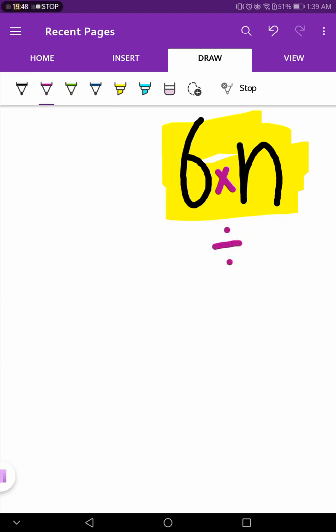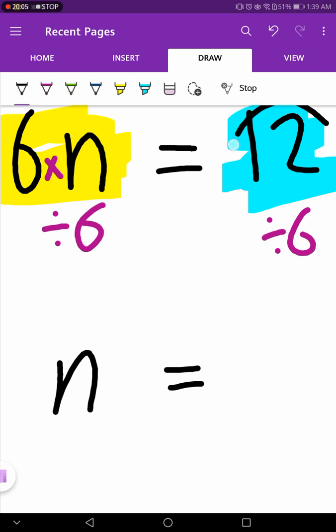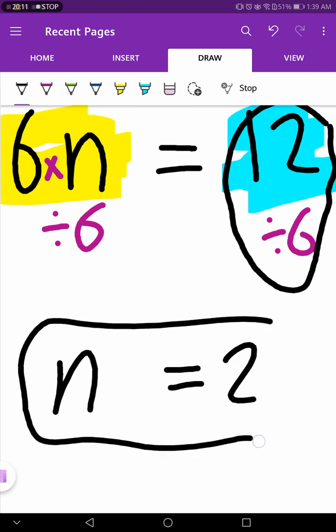I don't have a number except the coefficient, which is 6, and what you do on the left you have to do on the right. The n comes down here after I eliminate the coefficient 6, and waiting what will happen here. 12 divided by 6 equals 2. So the solution of this equation is 2.